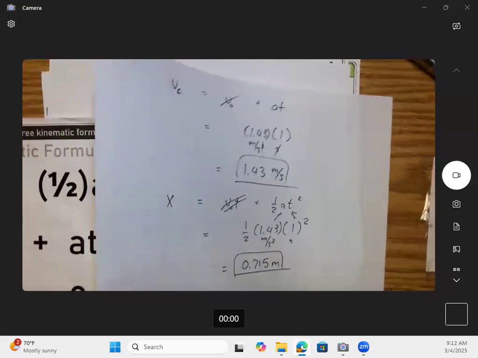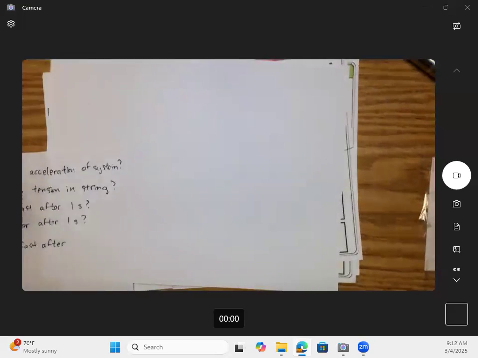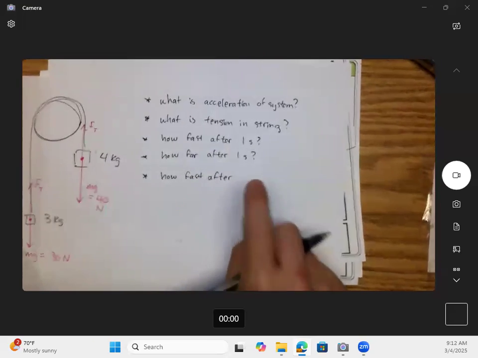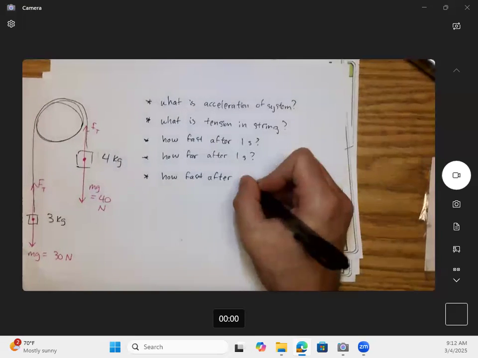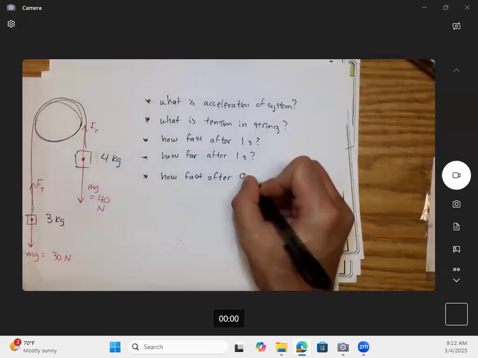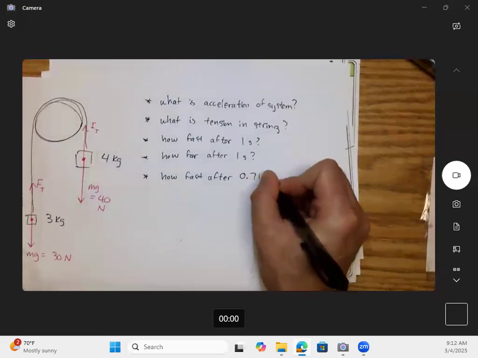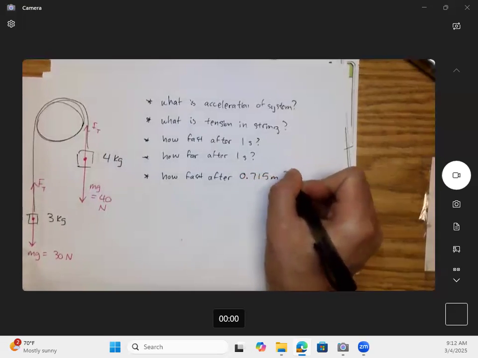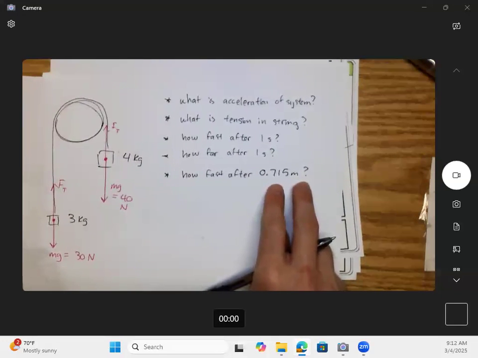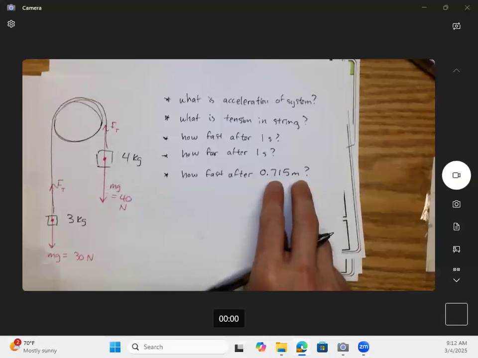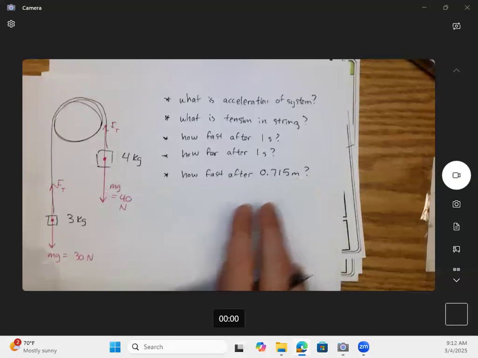We've got one more question about this classic Atwood. I haven't quite finished the question yet. It says how fast after, and I'm going to throw a distance here. I'm going to put the distance 0.715 meters. Because you know what the answer to that's going to be already, right? So, how fast after some distance?